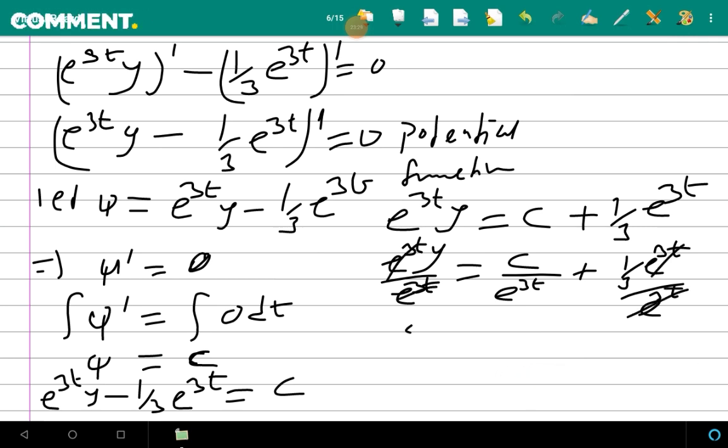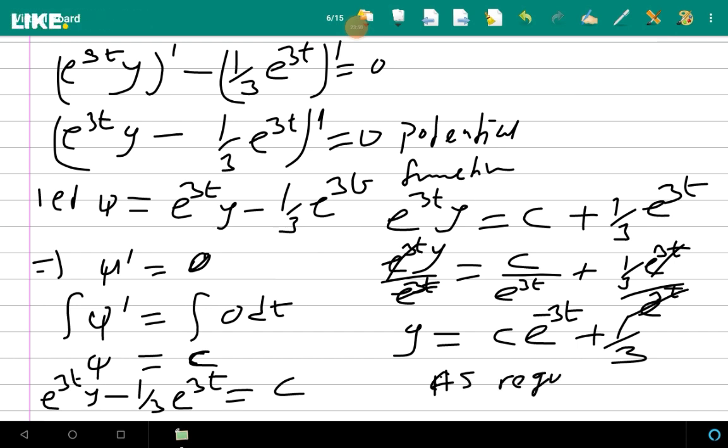This also goes with that. My y will be equal to c e to the power negative 3t plus 1 over 3, and this is the one that is required.